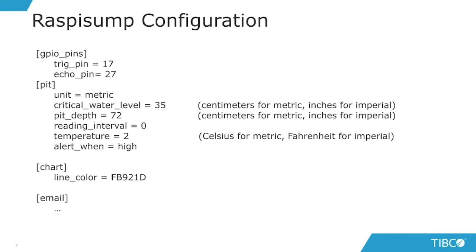And then you can set temperature for where this is at, as well as if you want to alert when water levels are high or low, because one of the things you could actually use this sensor for is not necessarily for sump pump management where water levels are going high, but you could use it for fountain control and things like that where water levels want to be maintained at a specific level. There's a number of other options that are available to you, specifically on charting colors as well as email notification. I'm not going to set those up at this point.